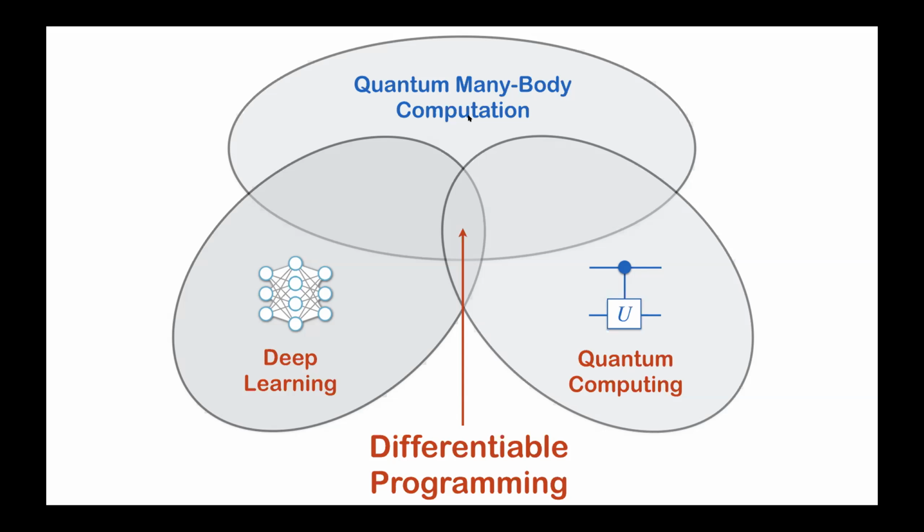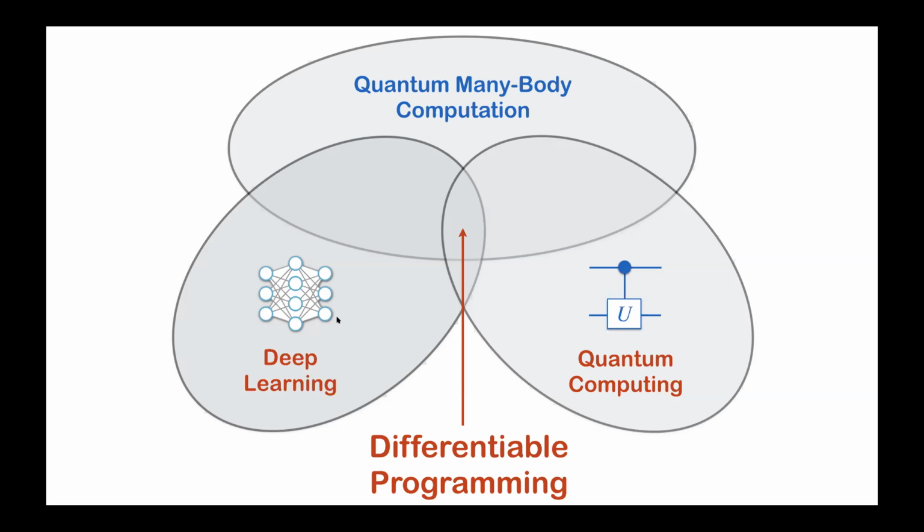And as far as I can see, at the moment, there are two general directions. One is on the software side, people trying to borrow ideas or techniques from machine learning, in particular deep learning.